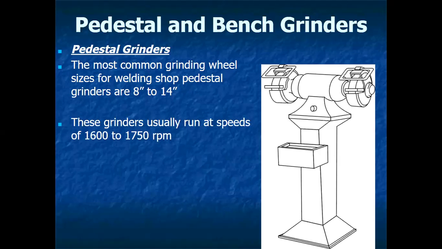These grinders usually run at 1600 to 1750 RPM. They don't run at super high speeds because of the weight they have to turn, the inertia it takes, things like that. And it's just not safe to run a 14-inch disc at 10,000 RPM. That's just not a good idea.